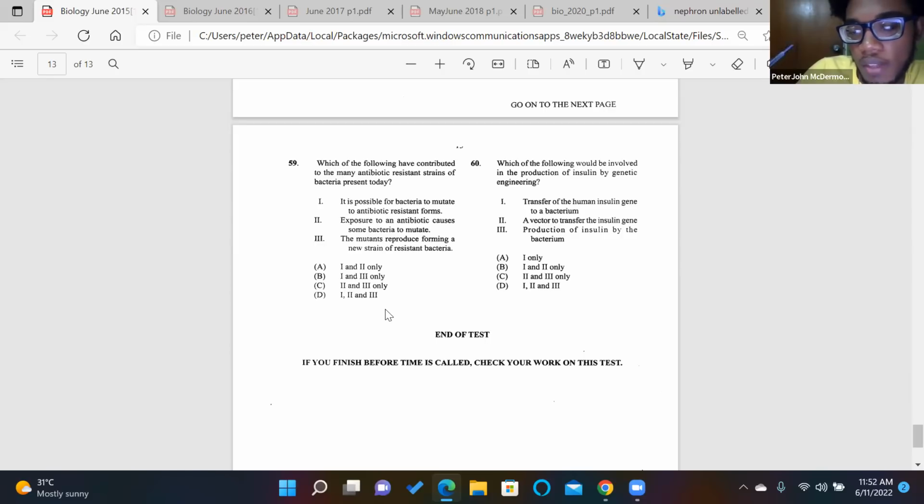So the vector that we typically use is a virus, by the way. So we use a virus and we transfer over that gene into the bacteria, and then the bacteria begins to make insulin. So using the human insulin gene, that's the gene you're transferring, a vector, which is a virus, to transfer the insulin gene. You need something to bring the insulin gene into the bacteria, and then production of insulin by the bacterium. So 60 is D.